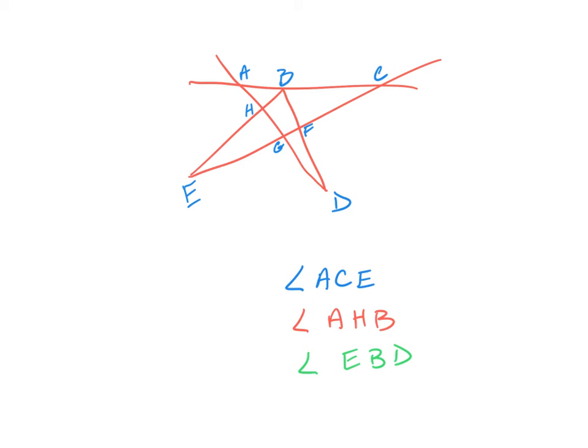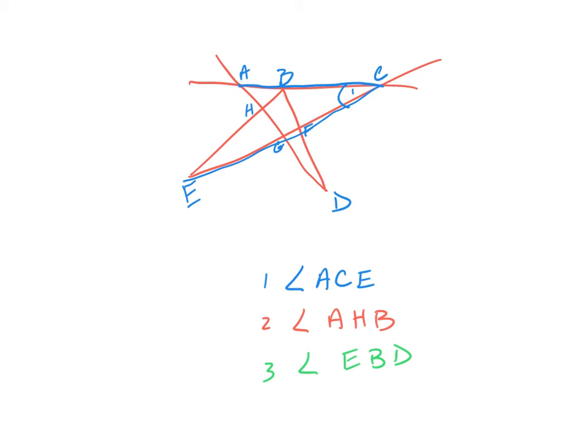Okay, I'm going to say mark it and put angle 1, 2, and 3 on the picture. Let's do this together. ACE is the blue one. I'm going to show it to you in blue. You go from A, C is the elbow, and E is all the way here. Everybody see that? Yeah. So that would be angle 1.